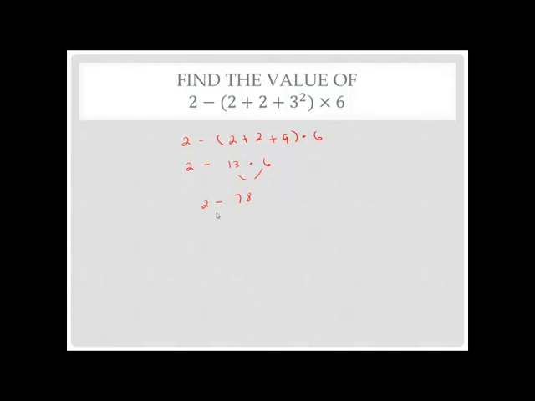And then I have 2 minus 78. So remember, that's the same thing as 2 plus a negative 78. So that means I would have to find the difference of the two numbers, which is 76, and take the sign of the number with the higher absolute value, so my answer would be negative 76.